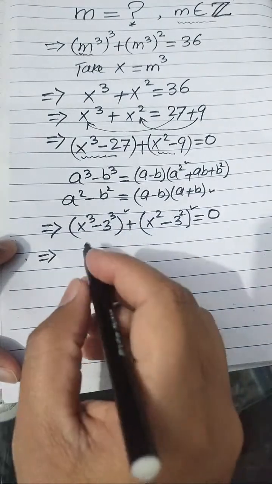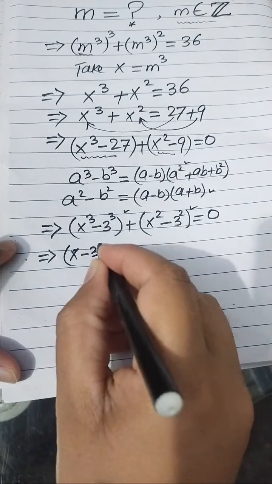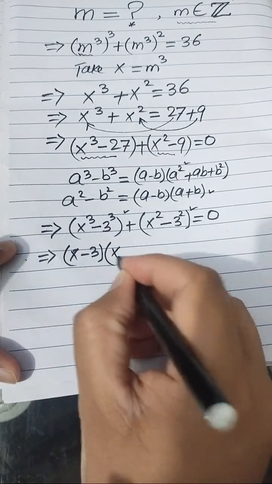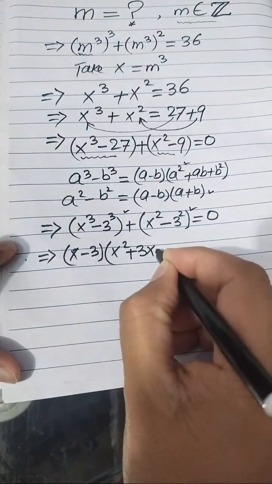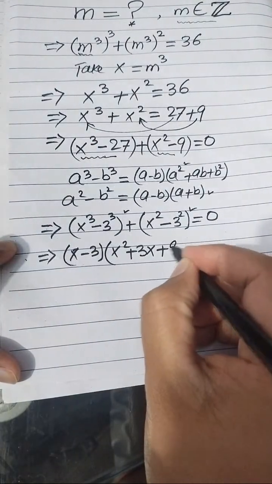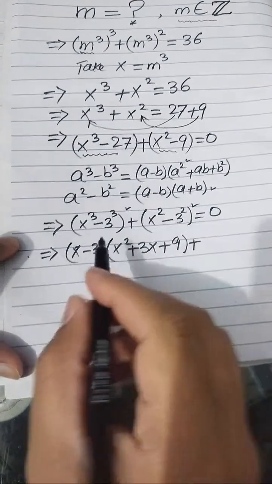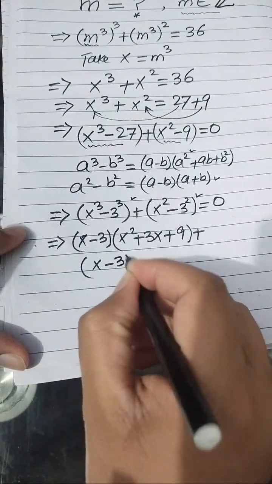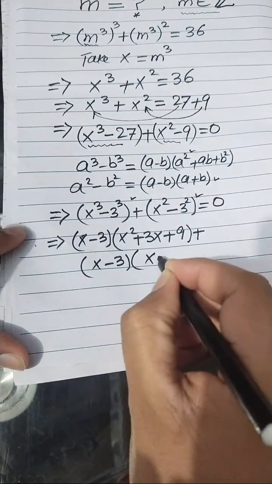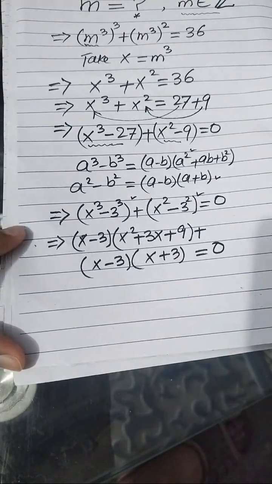This expression becomes x minus 3 times x squared plus 3x plus 9, plus x minus 3 times x plus 3, is equal to 0.